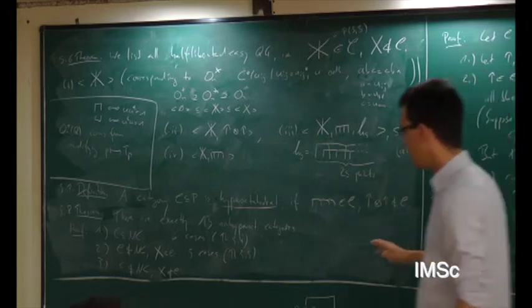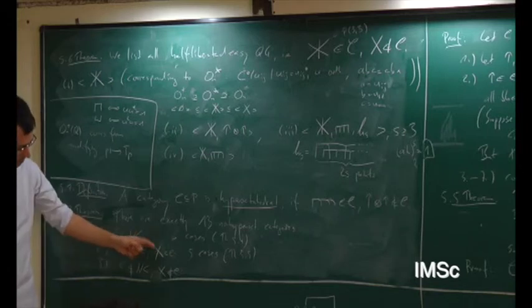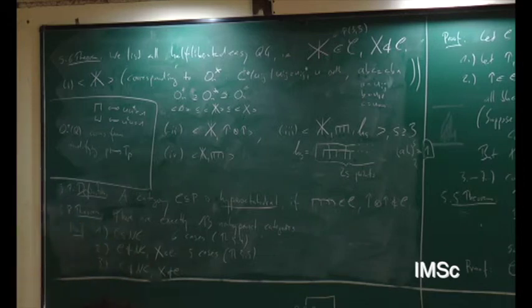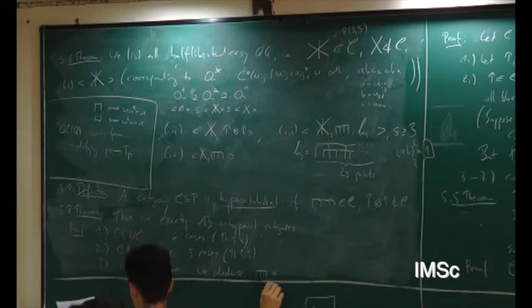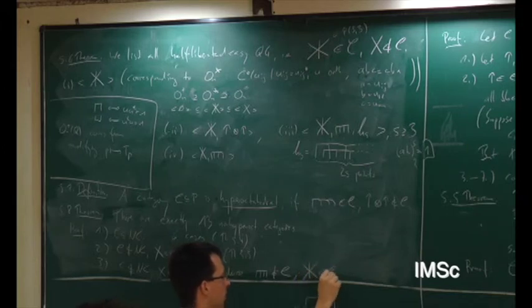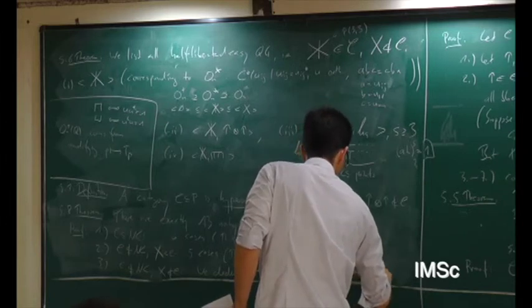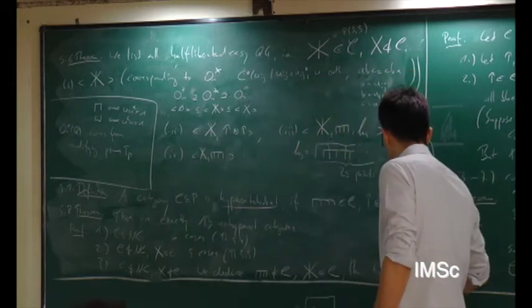Okay, but here classifying these non-hyperoctahedral ones, we have the case of the non-crossing ones. We have the case that it is not non-crossing, but contains this one. Now the third case is that it is not non-crossing and it does not contain this guy. And then we can check that we deduce that the 4 block is not in our category and that the half-liberated is in our category, and thus according to our theorem 5.6, we have 2 cases.